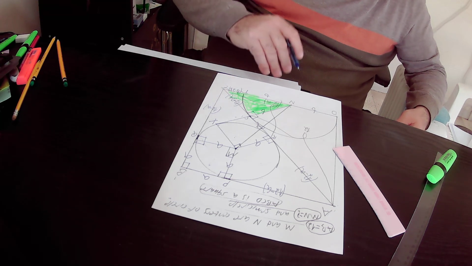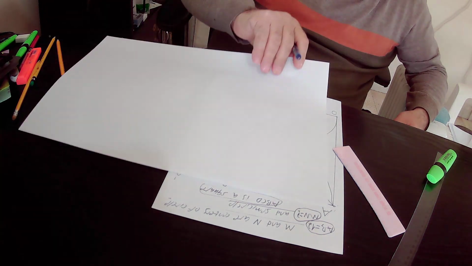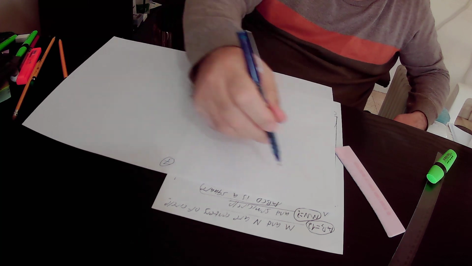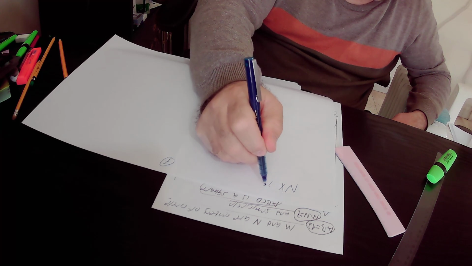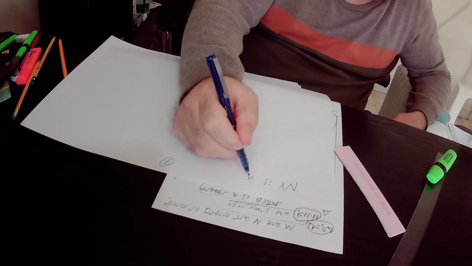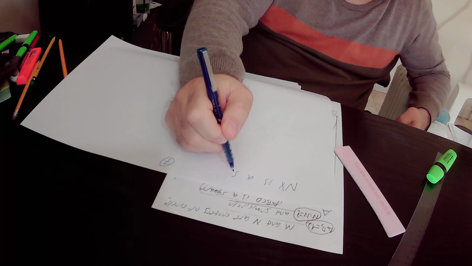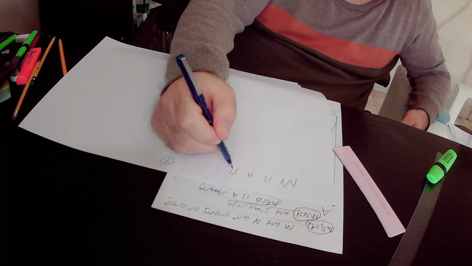So NX is a straight line. I'll write it down. Line segment NX is a straight line. I'll repeat again, when you extend a straight line by a straight line, the result will be a straight line. Therefore, NX must be a straight line.